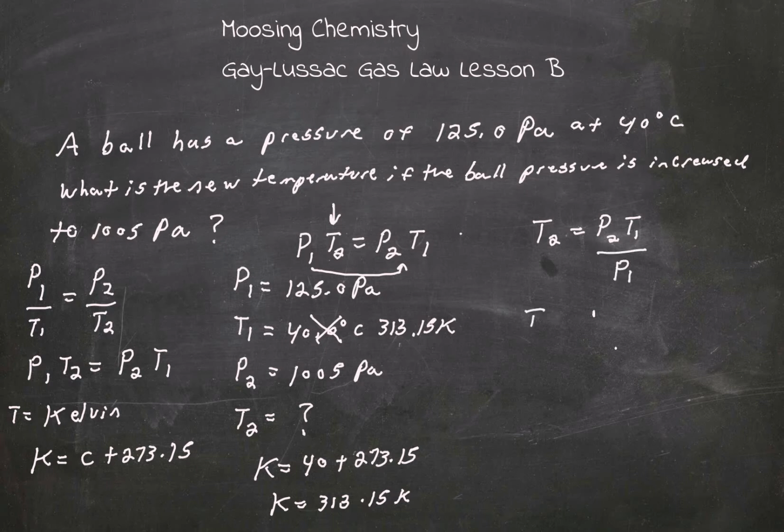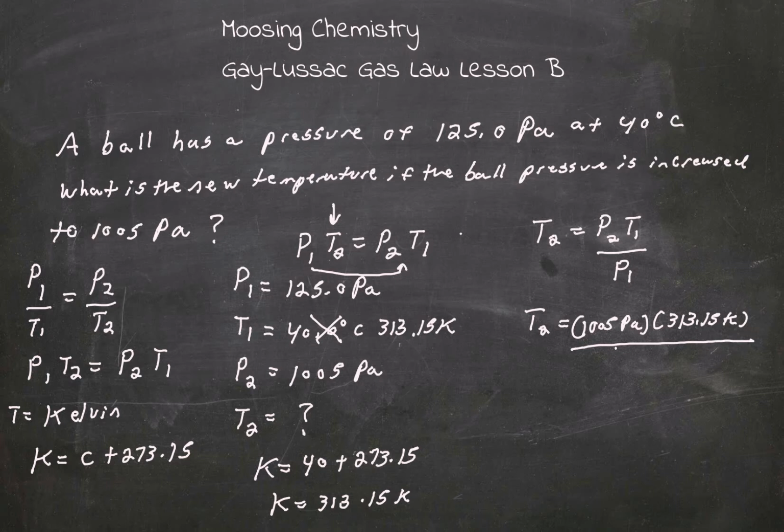So T2 equals P2, which is 1,005 pascals. We're going to multiply that by our first temperature, which was 313.15 K. Notice we don't say degrees here because we don't use degree marks with Kelvin.